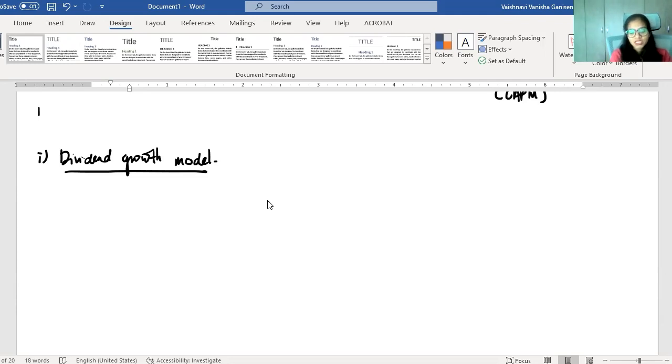dividend growth model. What is the dividend growth model? The dividend growth model is a model that is used to estimate the cost of equity for a company.